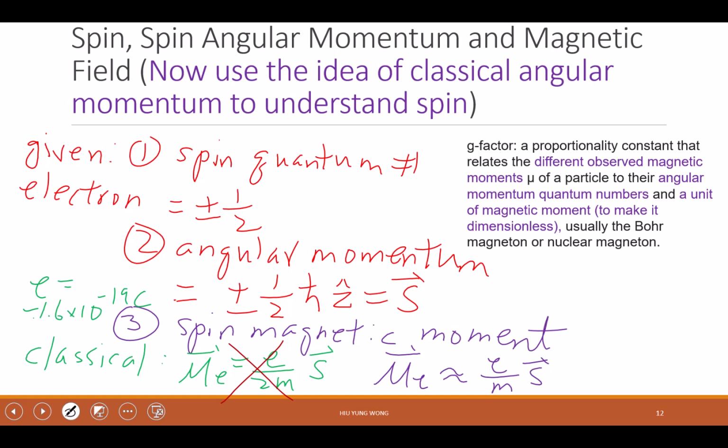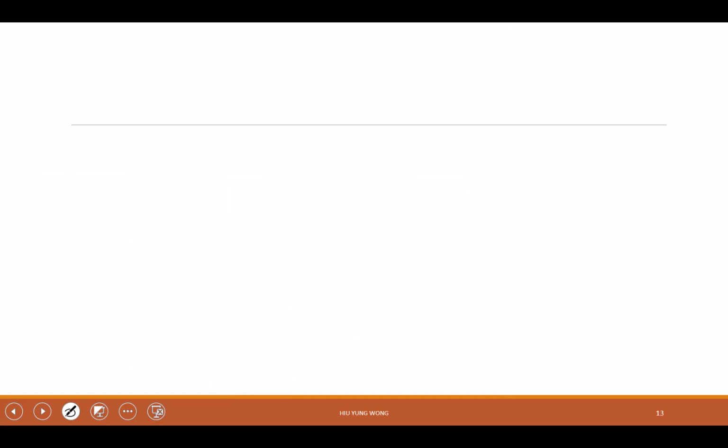Of course, there's some theory to talk about that. So in reality, we'll write it as mu_e equals g times e divided by 2m times S.